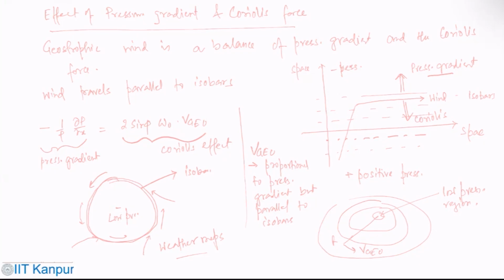Now we see the centrifugal acceleration. Geostrophic wind considers the pressure gradient and Coriolis force.